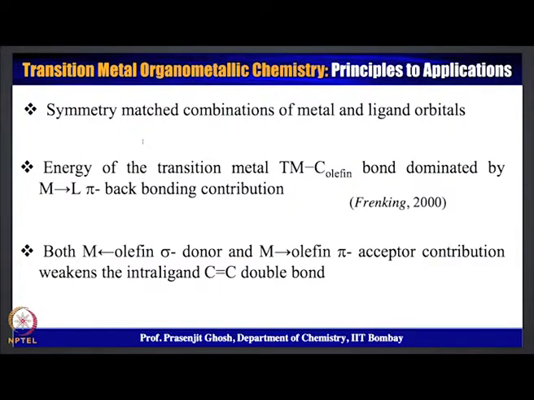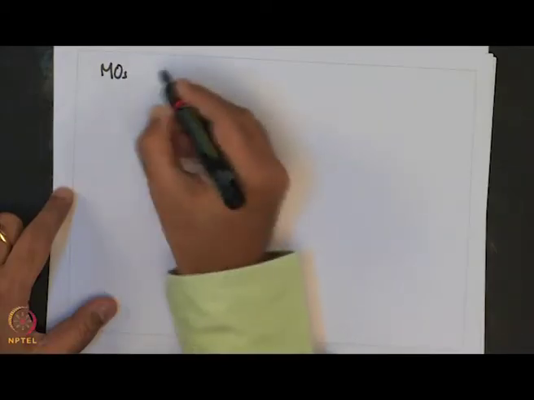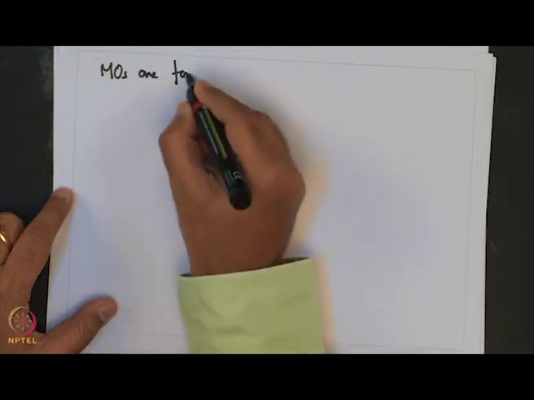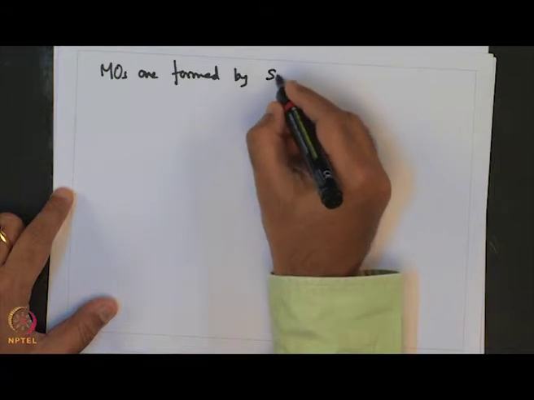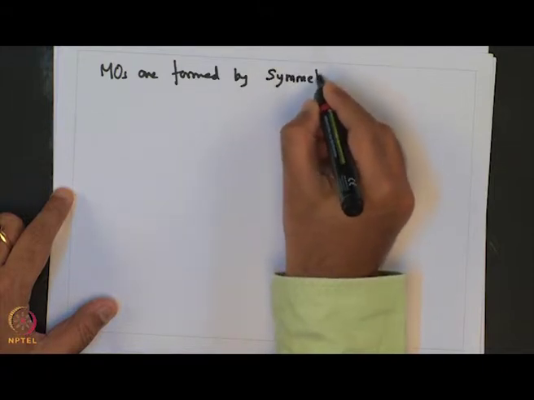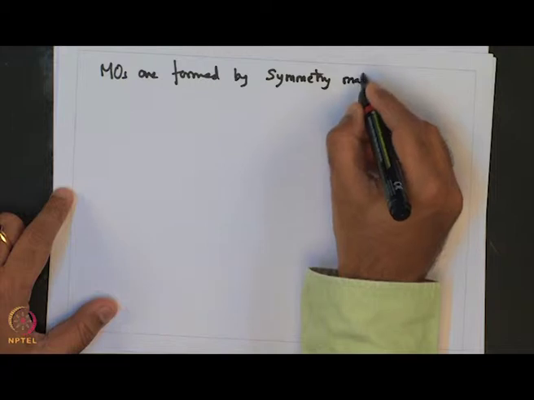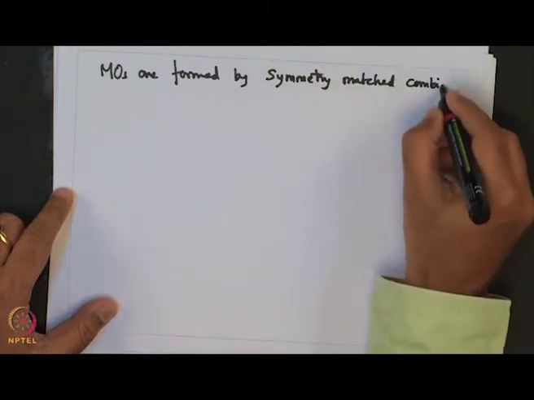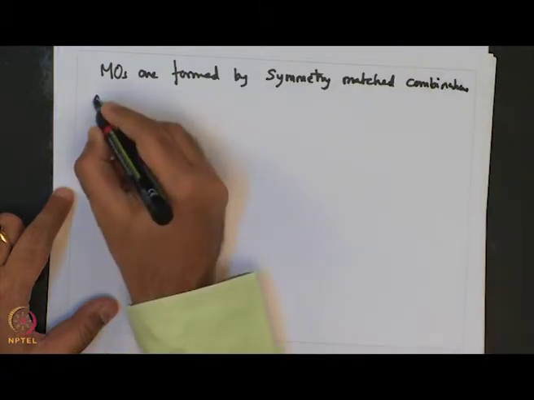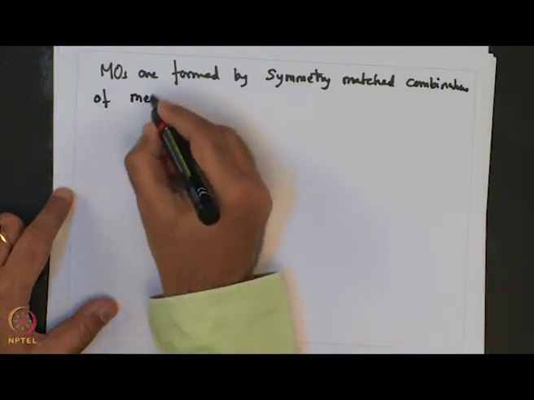Now, the molecular orbitals originating from the interaction of the olefin with the metal are constructed by symmetry matched combinations of metal and ligand orbitals.